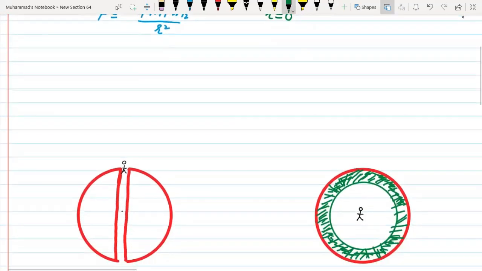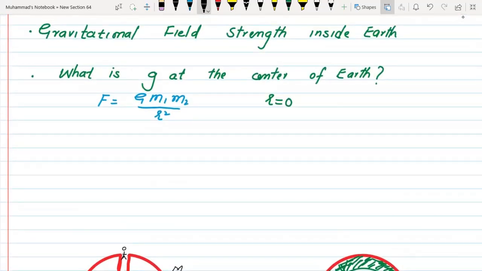If I bring this mass on the surface of the planet, let's say this is the surface, and if I want to find the force between this mass and this mass, will the force become infinity? Does this mean if you put r equal to 0, the mathematical relationship states that the force should become infinity?